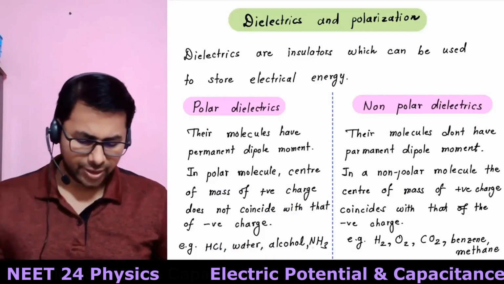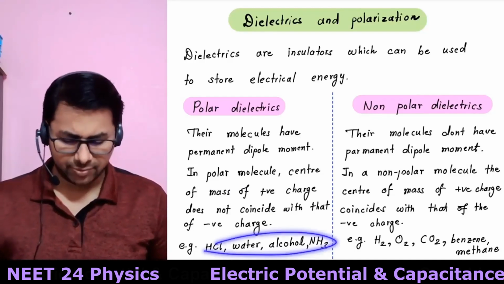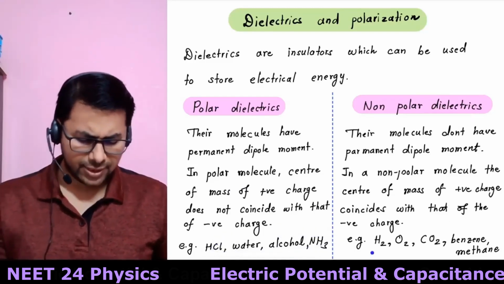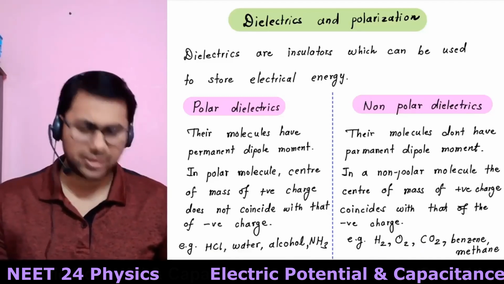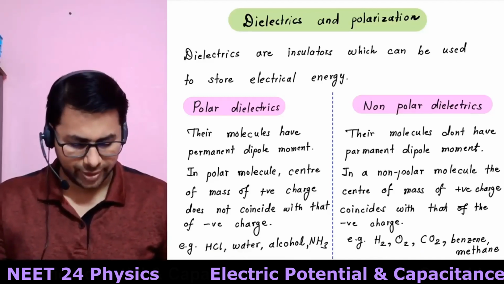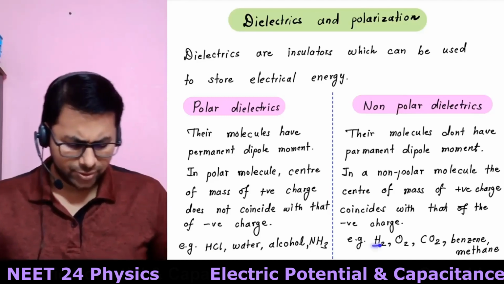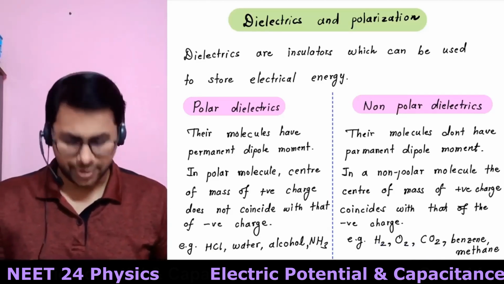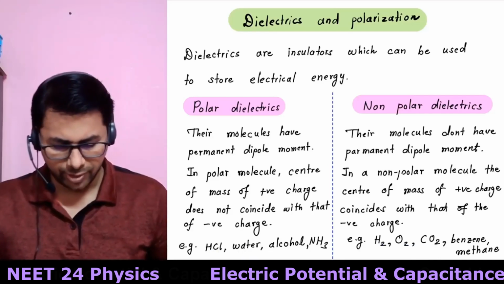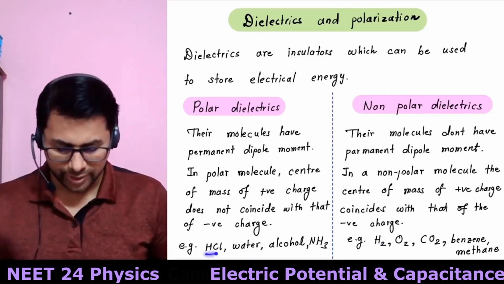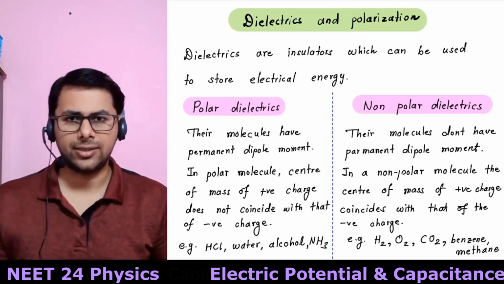And then HCl, water, alcohol, NH3, these are some examples of polar dielectrics. Some examples of non-polar dielectrics are H2, O2, CO2, benzene, methane, etc. As far as physics goes, you don't need to remember these examples. One or two you can remember. You can just remember that wherever you have the ionic bond, they are polar dielectrics.